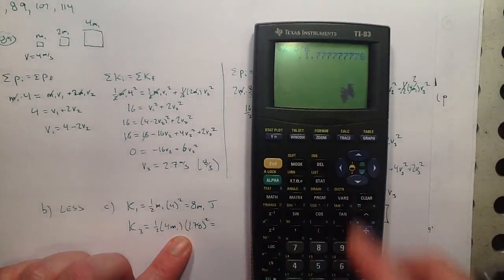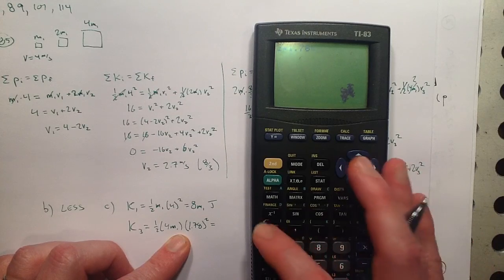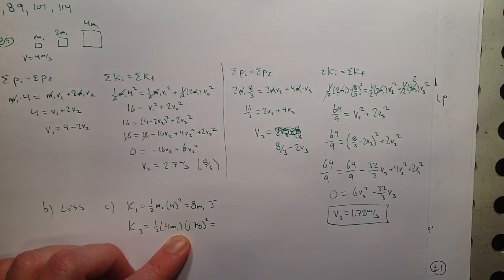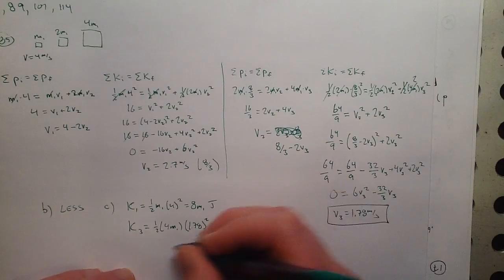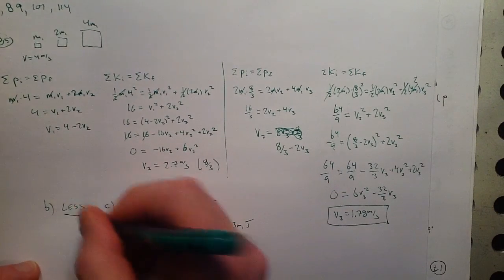That's 2 times 1.78 squared. That's 6.33. So, again, it's less.